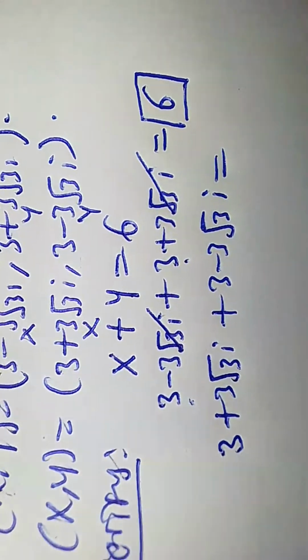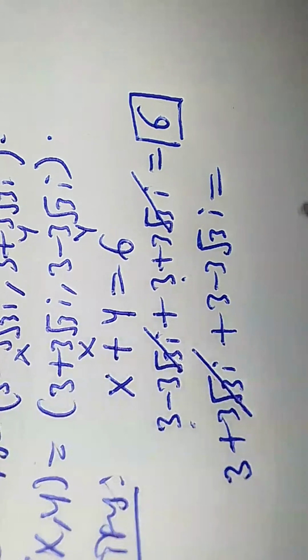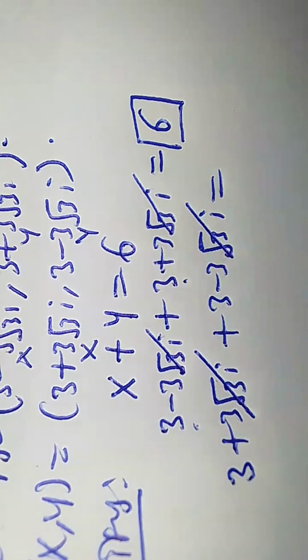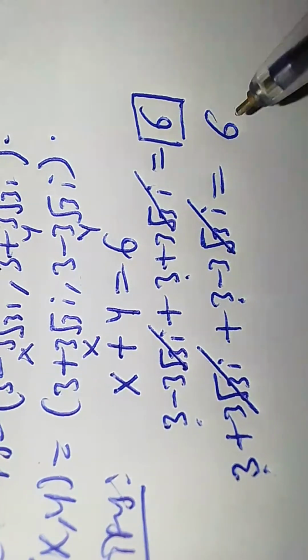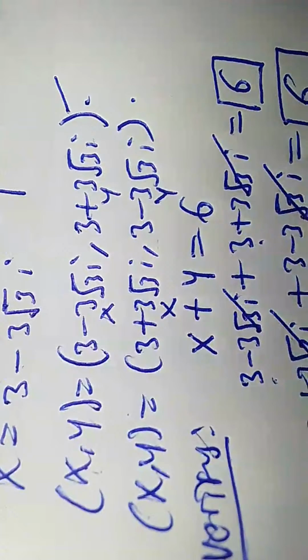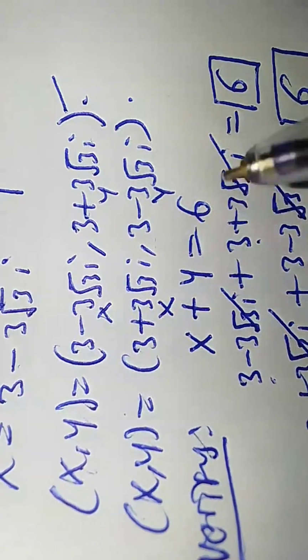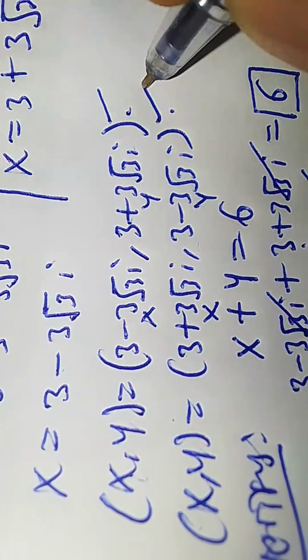This equal to, you will see that 3 root 3i minus 3 root 3i goes off. We are left with 3 plus 3, which is 6. This is exactly what we have on the right hand side of this equation too. That means the second solution is also correct.